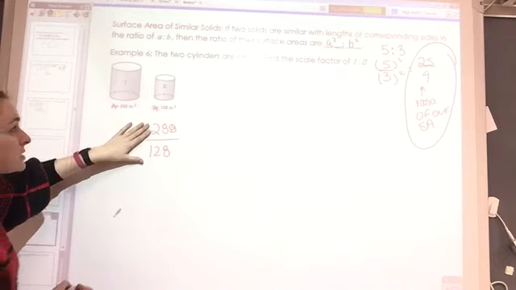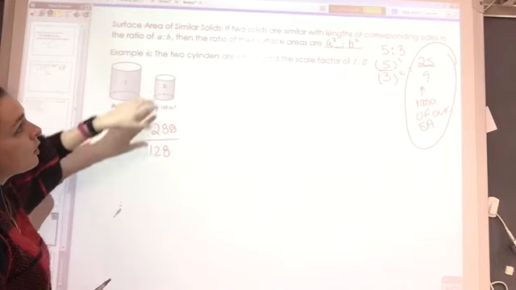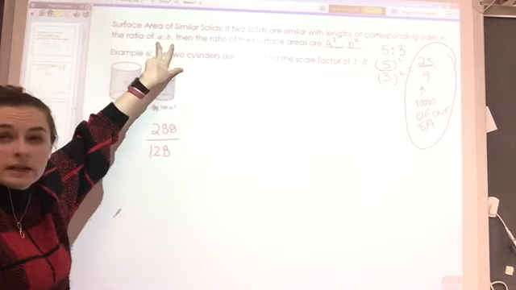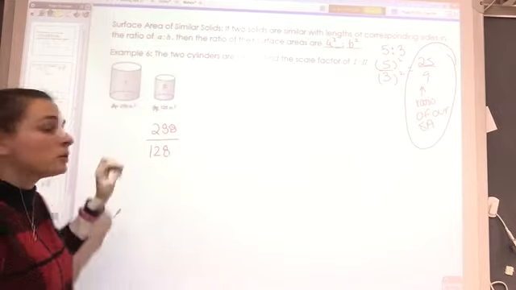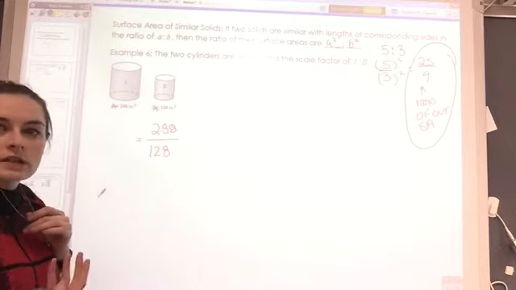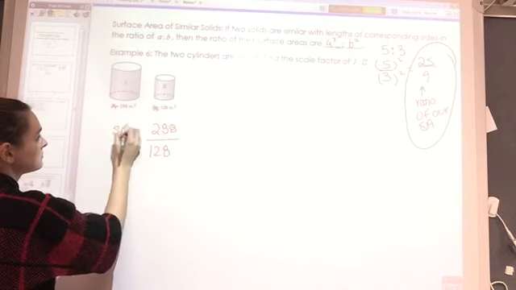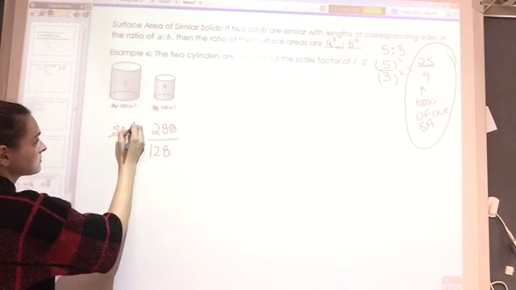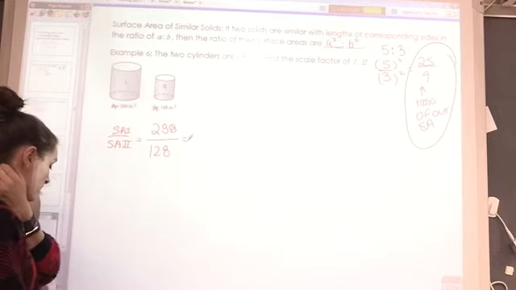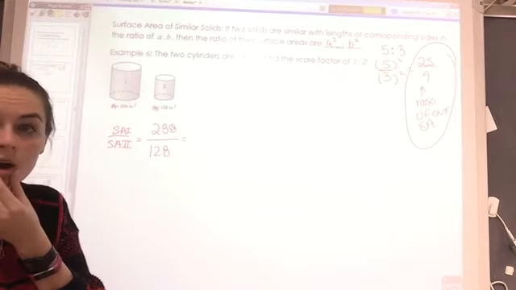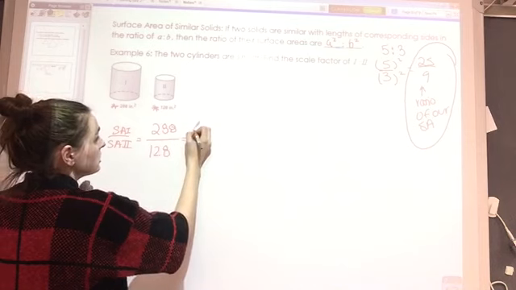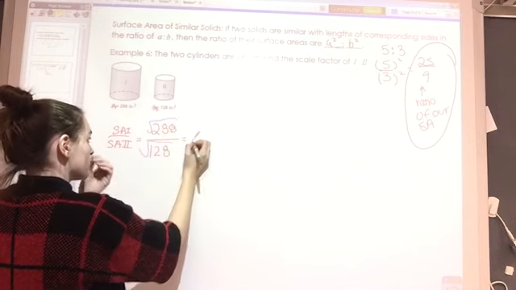They gave us the scale factor of the surface area, and I know if I had the sides and I wanted to find the surface area, I would just square the sides. So what do you think we're going to do in order to find the scale factor of our original sides if we're given the surface area? Well, the opposite of squaring something would be to do what? Hopefully you're saying square rooting. So to go backwards, all I would need to do is square root the numerator and the denominator.